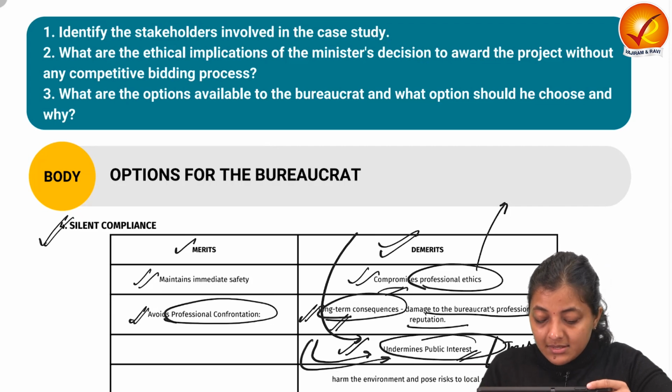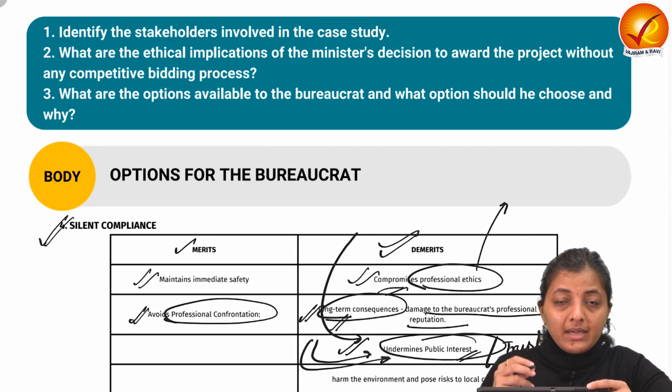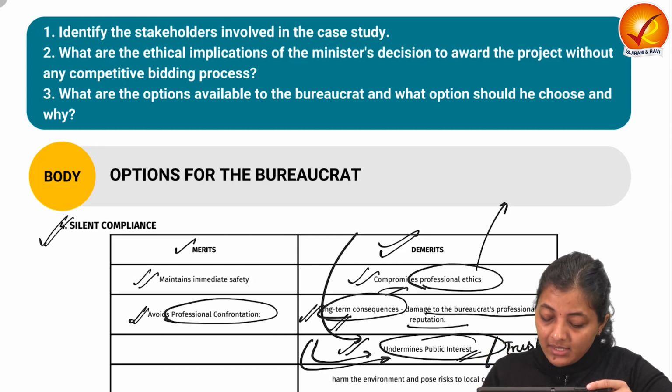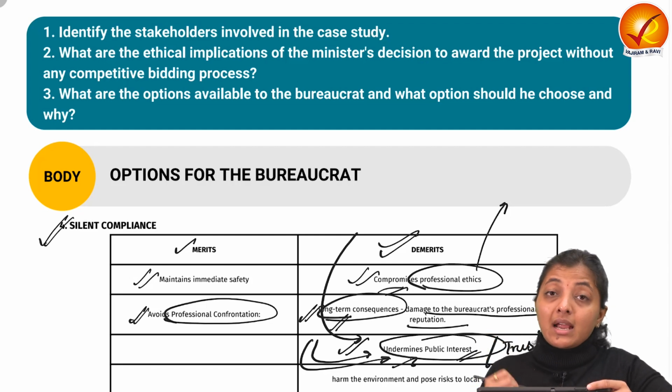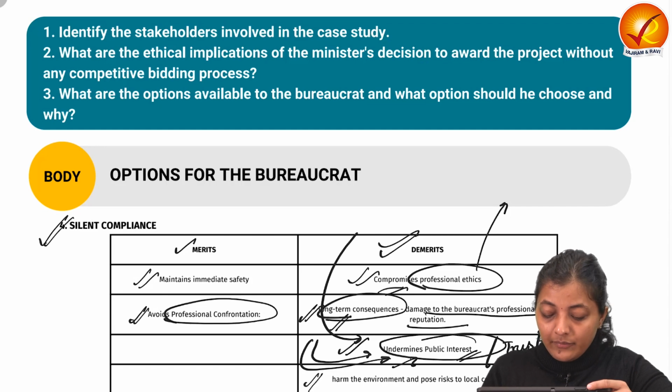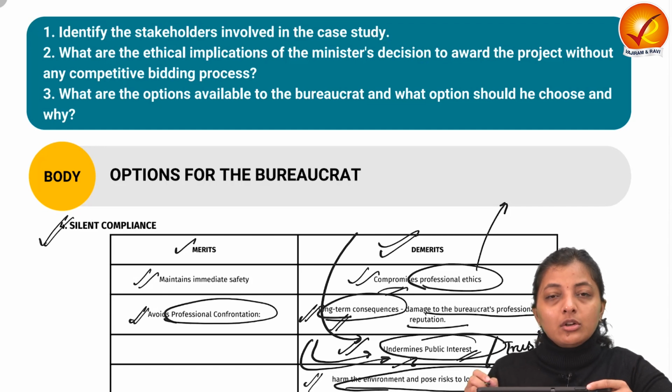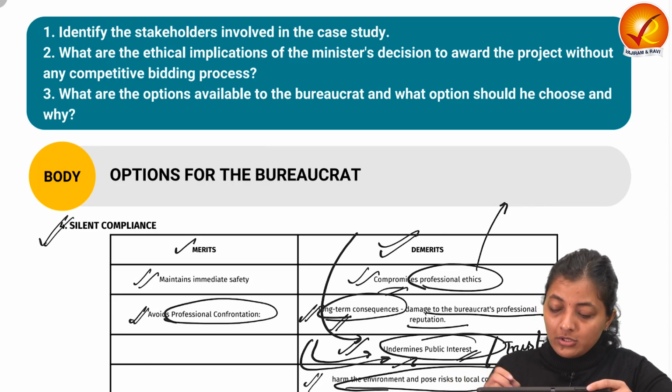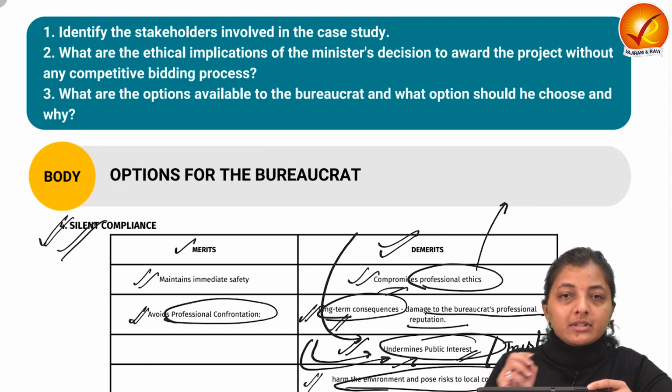So complying with silence undermines the public interest and the public trust. It would harm the environment and pose risk to the local communities. Means he is avoiding the safety of the people also by opting for this option.